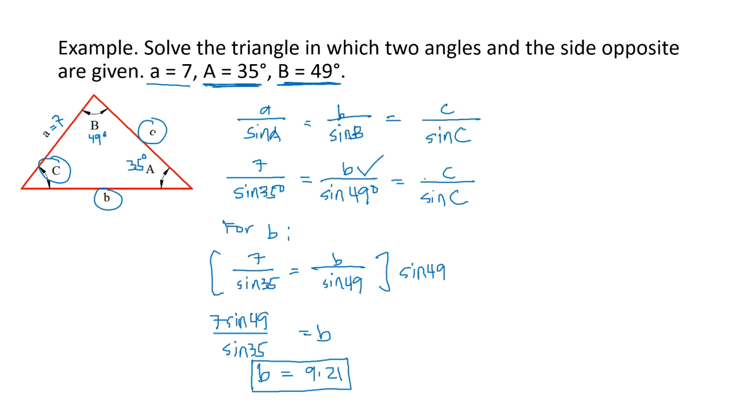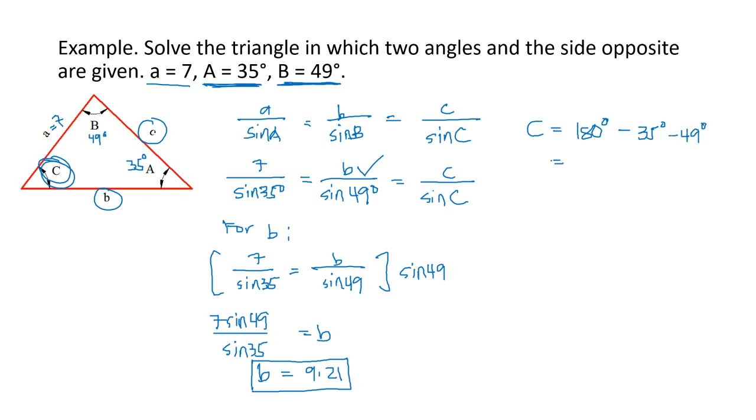Now, we cannot use the sine law for angle C yet, because we are missing two values. So again, we can use the formula earlier to solve for angle C, which is 180 degrees, the degrees in a triangle, minus the given angles, 35 degrees minus 49 degrees.